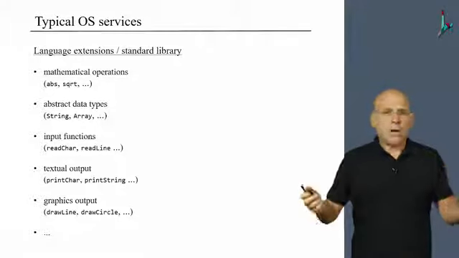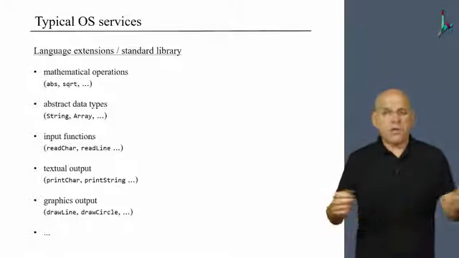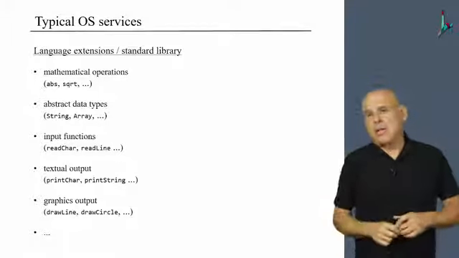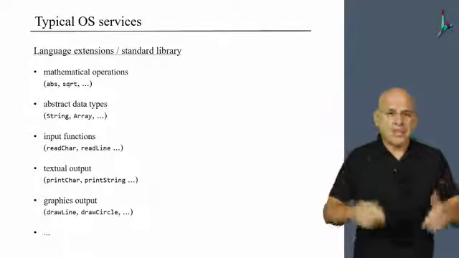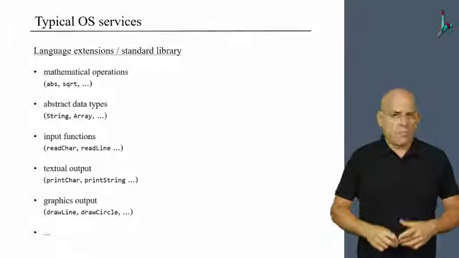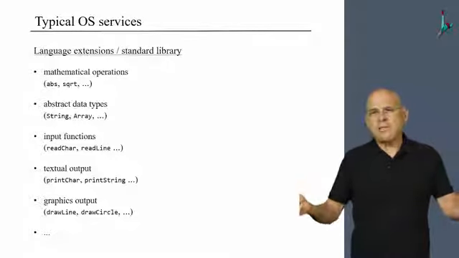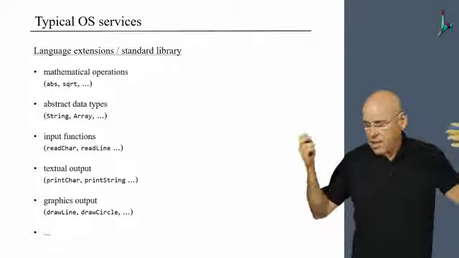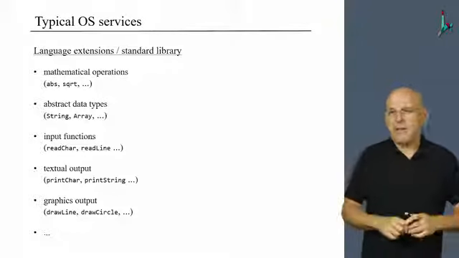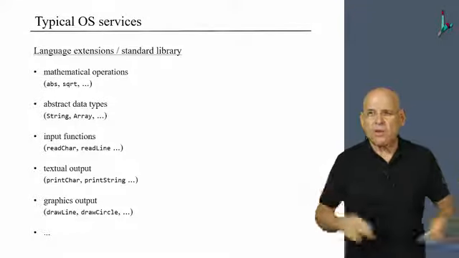And the high-level programmer will expect to get all sorts of mathematical calculations implemented, things like square root. He or she will expect to get support in terms of data structures like strings and stacks and arrays and whatnot.